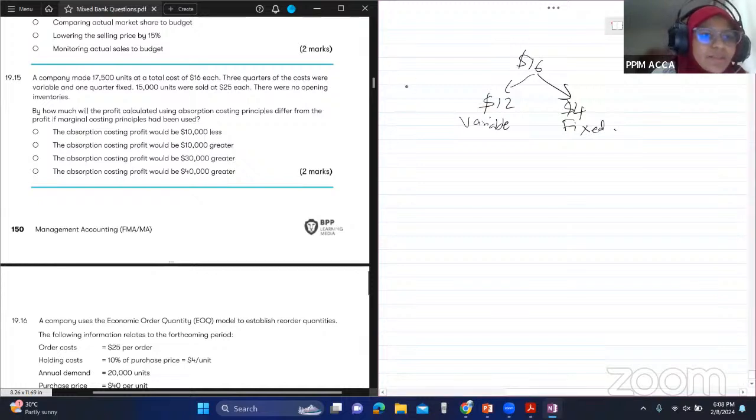By how much will the profit calculated using absorption costing principles differ from the profit if marginal costing principles had been used? So you must be already familiar with the concept that if you want to cost a product, there are different methods you can use, especially in the manufacturing industry.